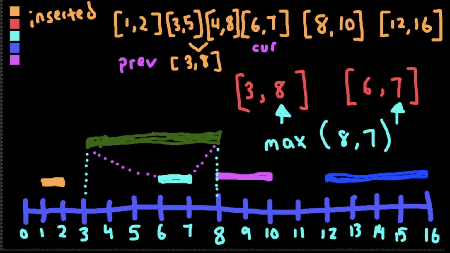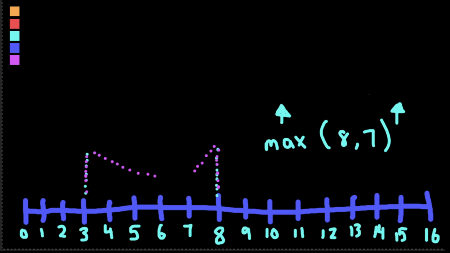Now, if you look at the number line down here, you see that the 3.8 completely starts before 6.7, ends after 6.7. It basically wraps it completely. So you really don't have to do anything besides just keep the 3.8. That makes thinking about that step easier.